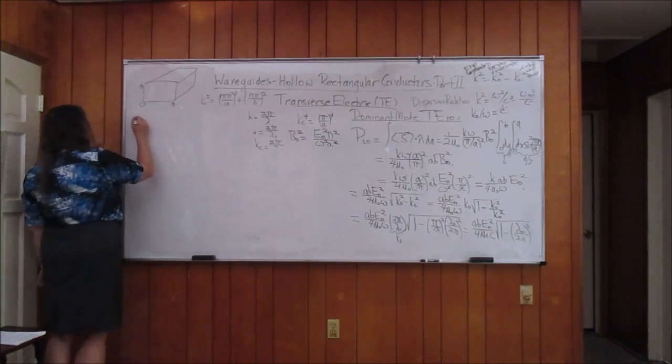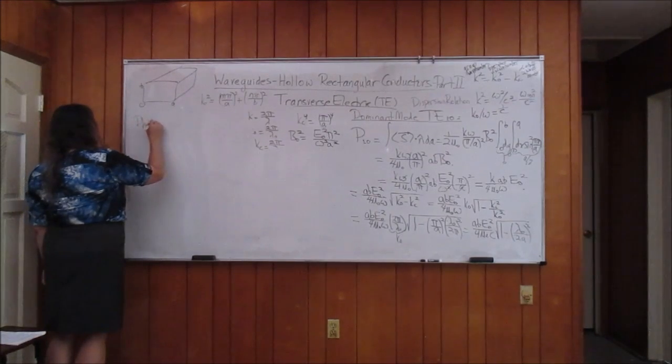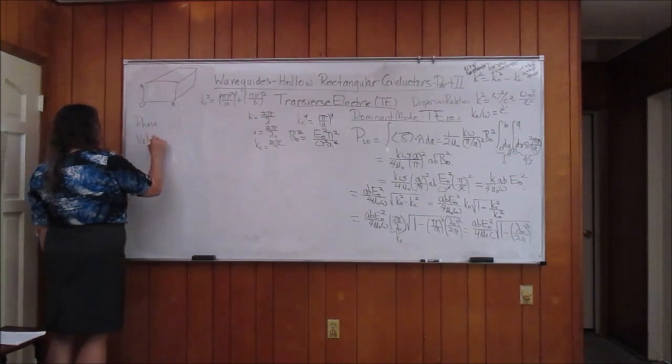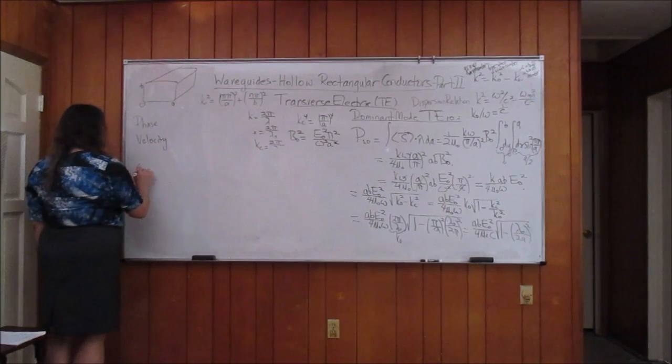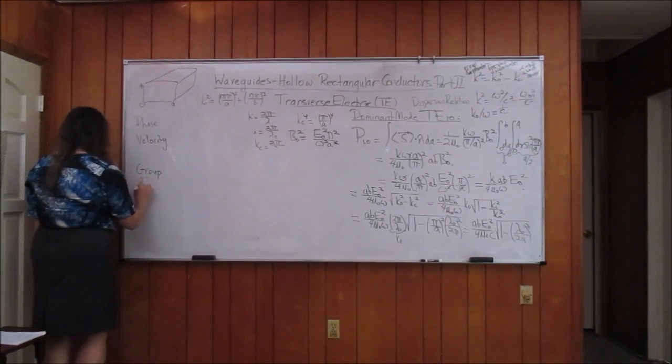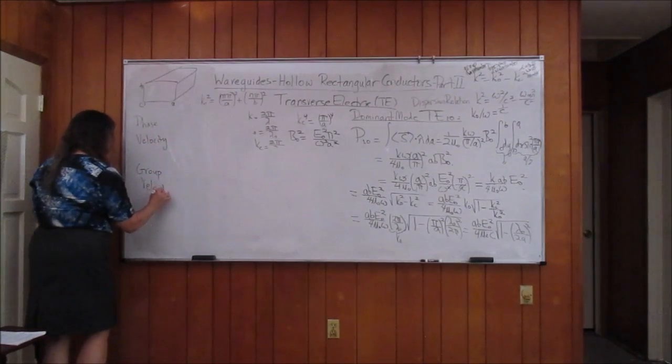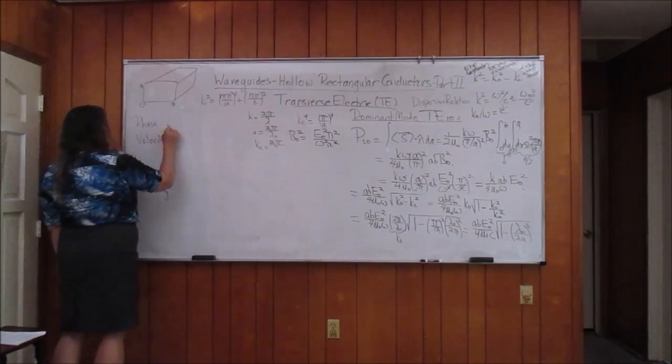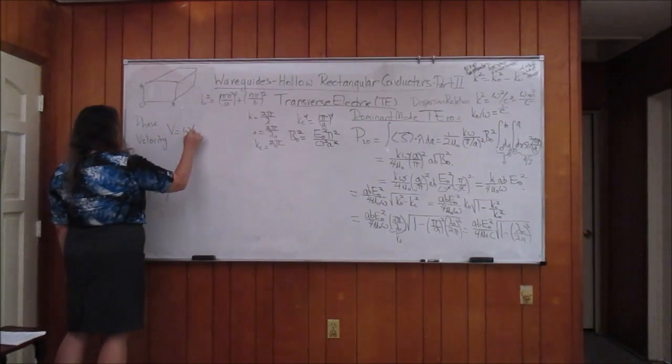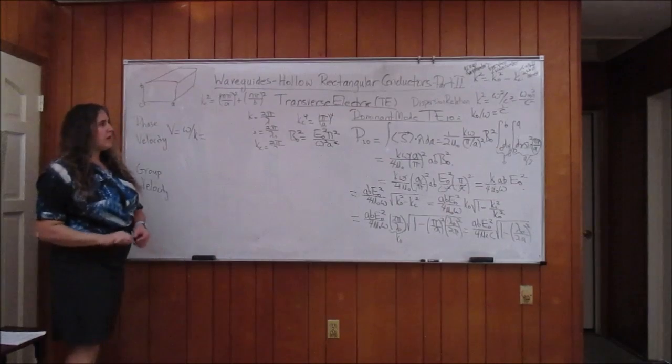It turns out there are several velocities. There's the phase velocity, and then there's the group velocity. Phase velocity is just equal to omega over k.